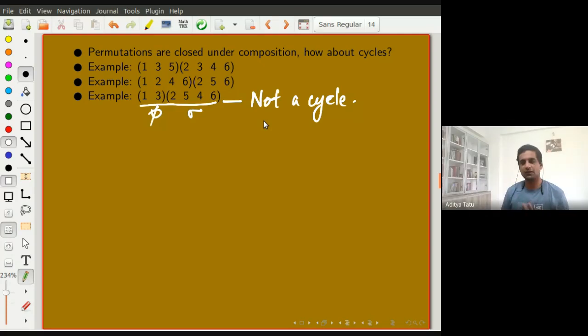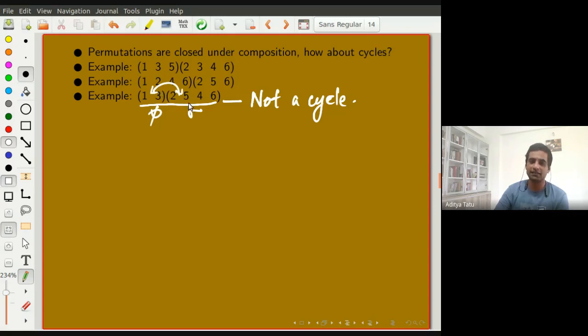Exactly. The point is not sigma and phi, but the composition of these two permutations itself will contain two orbits with more than one element. You can see that just from the way the cycles are composed. There is basically no intersection between this and this, and no elements in common.